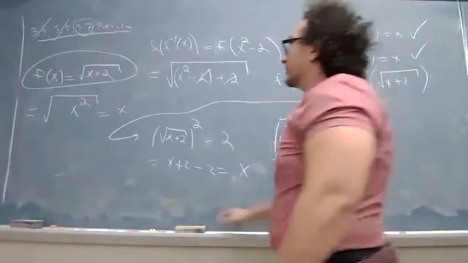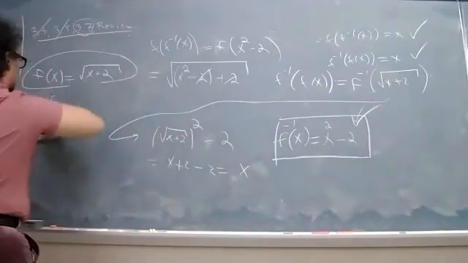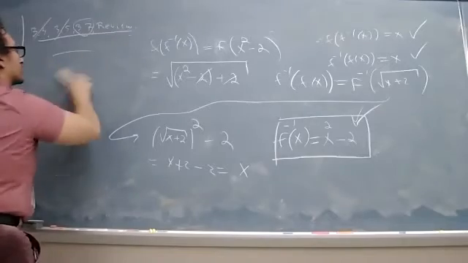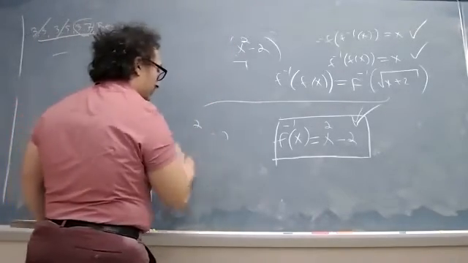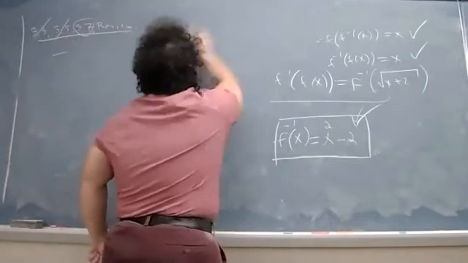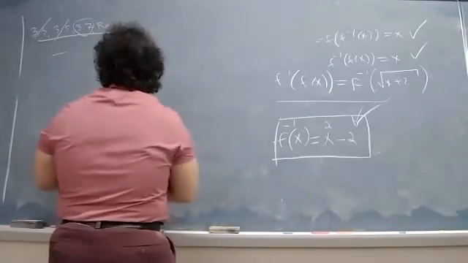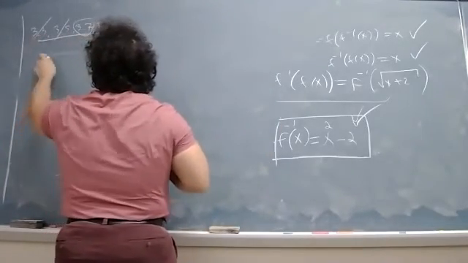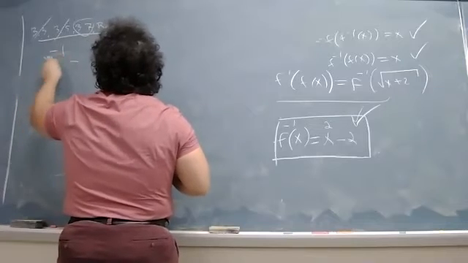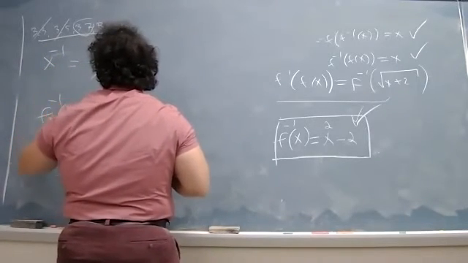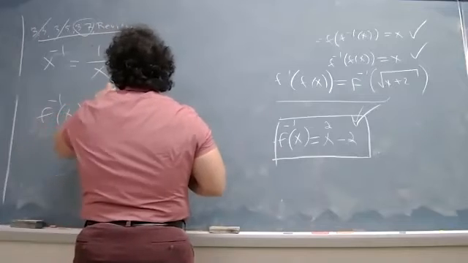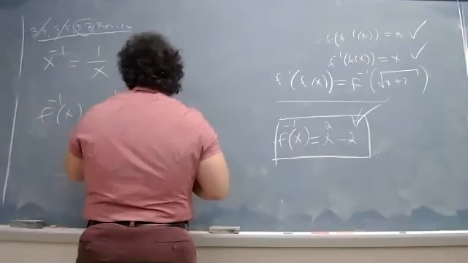One pitfall that students tend to fall under is making this assumption. Students tend to assume that, because x to the negative 1 is the same thing as 1 over x, then clearly f inverse of x should be 1 over f of x, right?